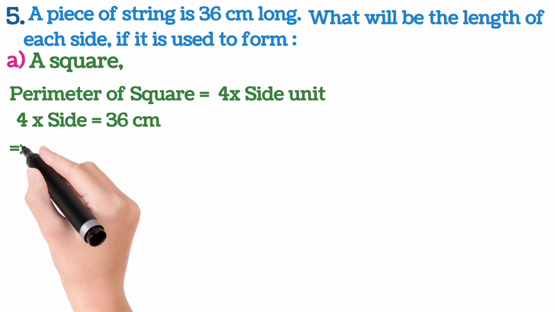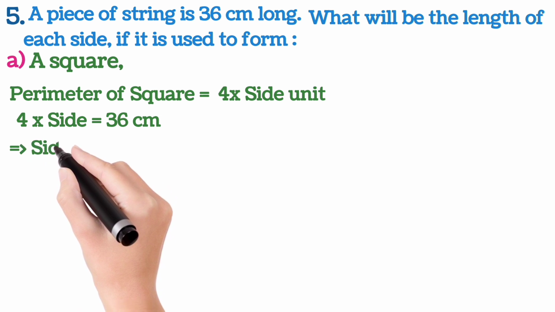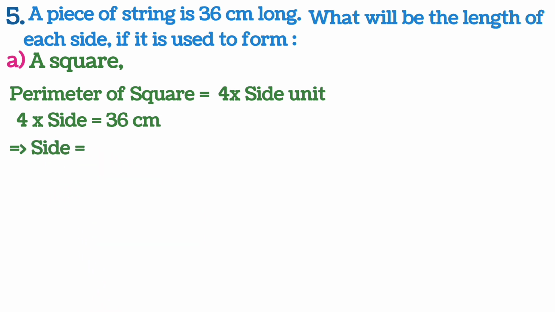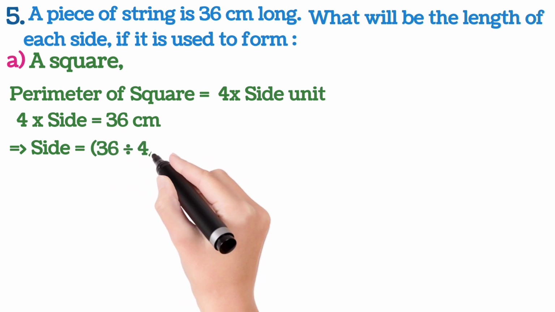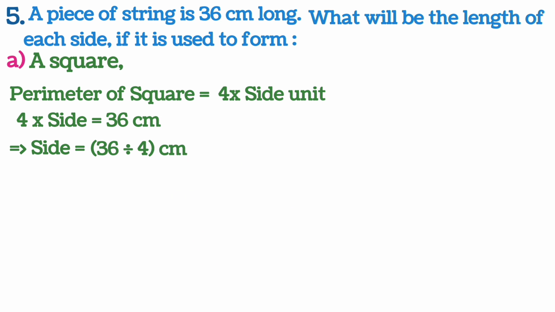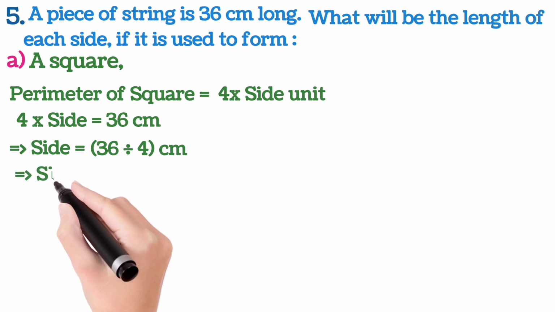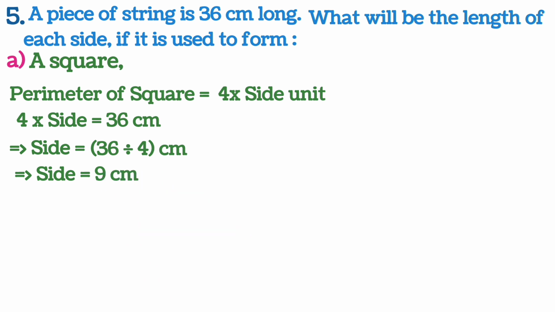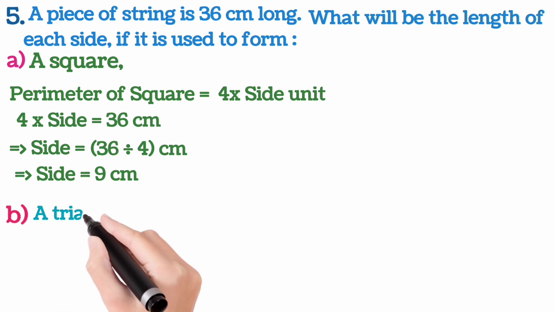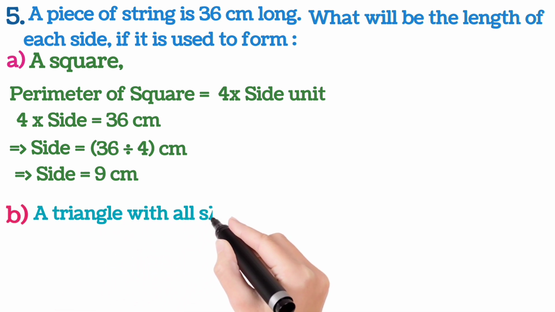From here you can find side equals 36 divided by 4, because we have shifted 4 from the left side to the right side, so the sign will also change, it will become divide. 4 9s are 36, so each side of the square is 9 centimeter, right? Very easy, na?